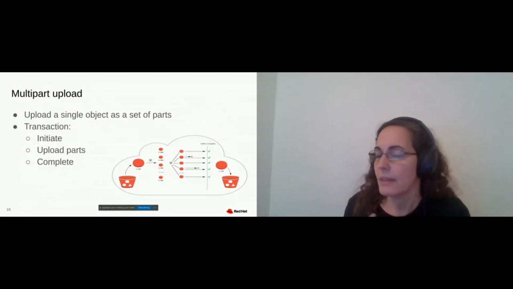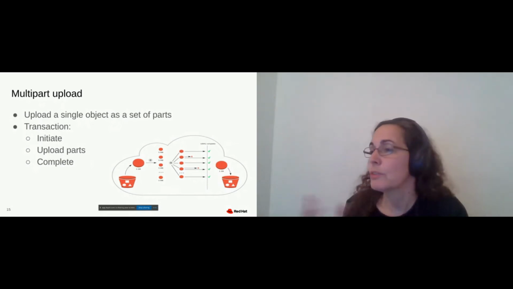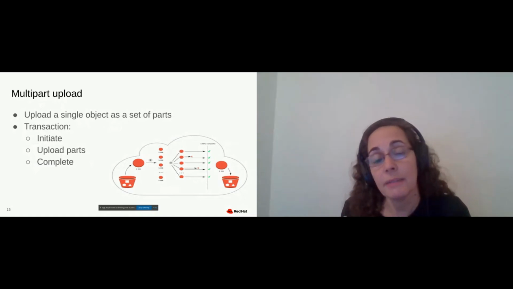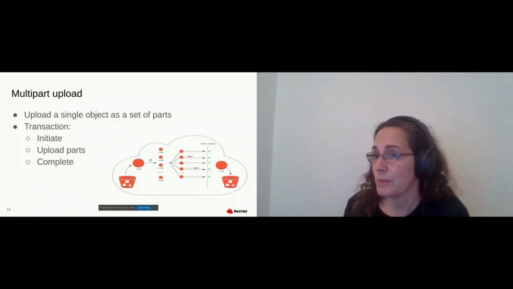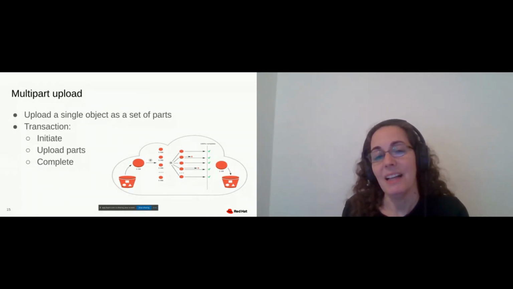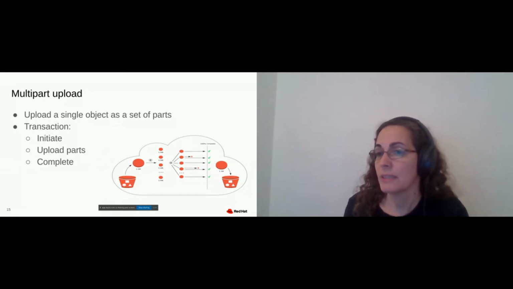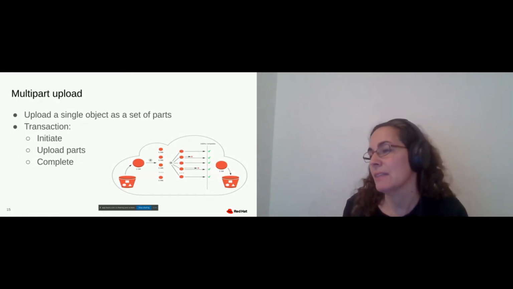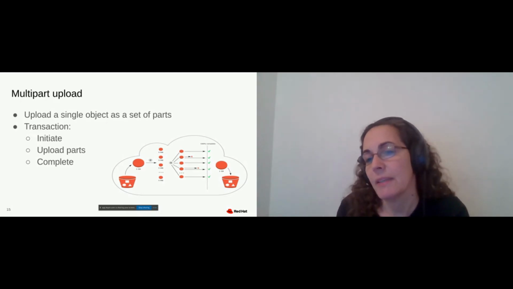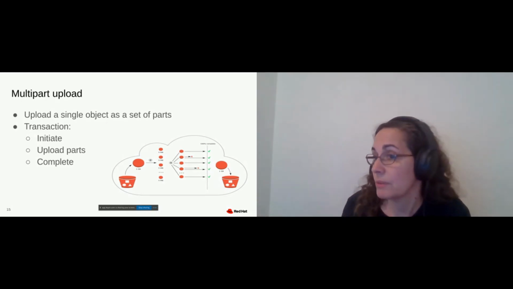You can tell it how many parts and the part size, but you don't have to. And the object storage will return an upload ID. You need to use it or keep it. Then we upload each part separately with the correct upload ID. And when we are done, we send the complete command, and only then will the object be created on the object storage and visible there.